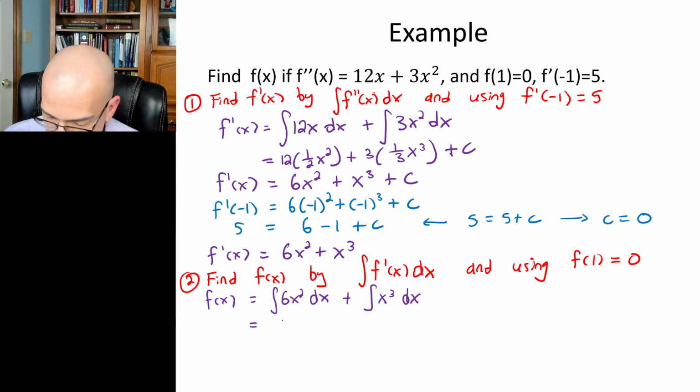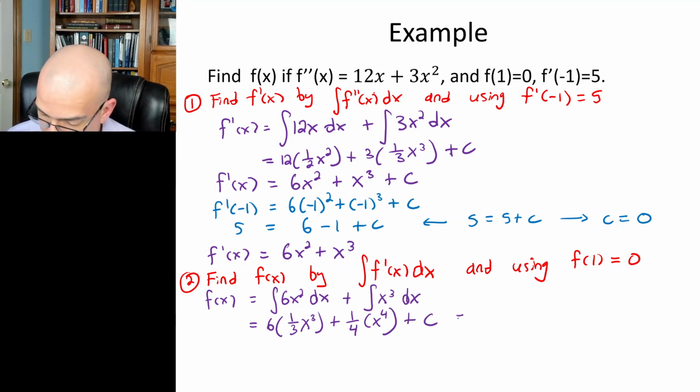Okay, so we take the antiderivatives. We get 6 times 1/3 x to the power of 3 plus 1 over 4 x to the power of 4 plus c. And then we can clean this up a little bit, not much: 2x to the power of 3 plus 1 over 4 x to the power of 4 plus c.